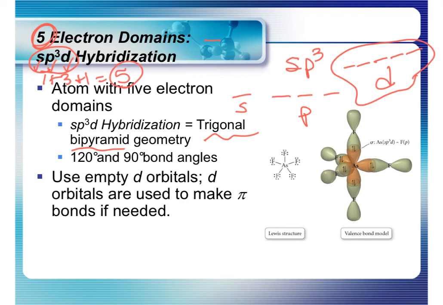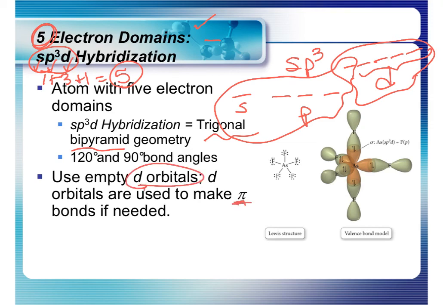Just to note, for 5 electron domains, we've used only 1 of the available d orbitals. There are 4 leftover d orbitals that are unused. Just a heads up, empty d orbitals can be used to make pi bonds just like empty p orbitals can.